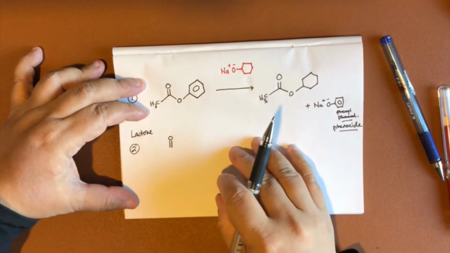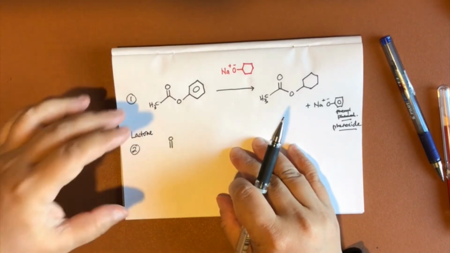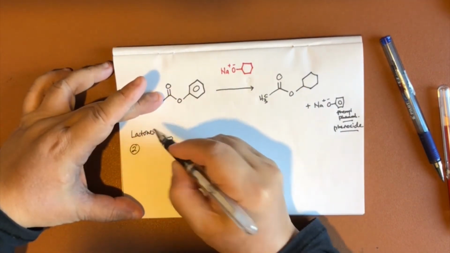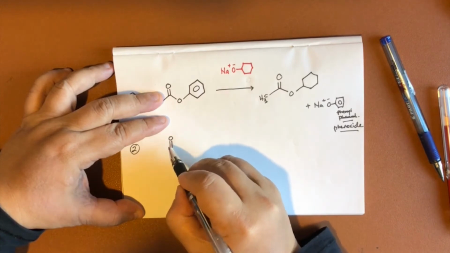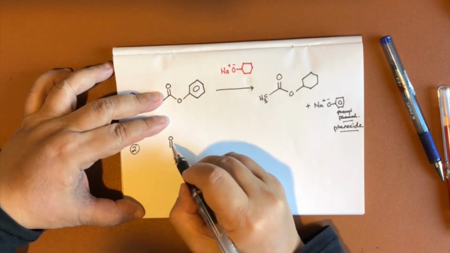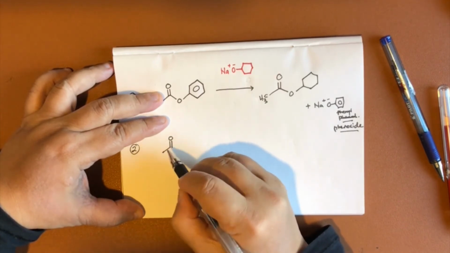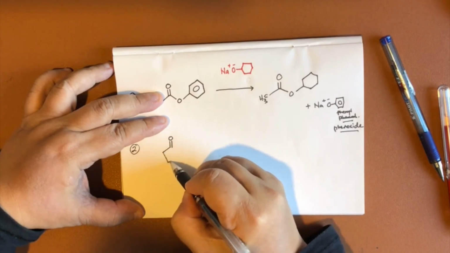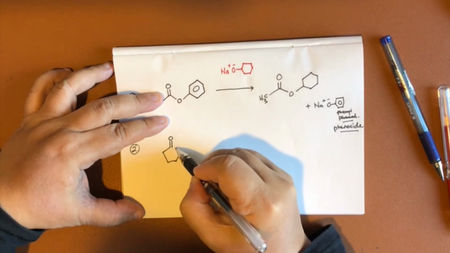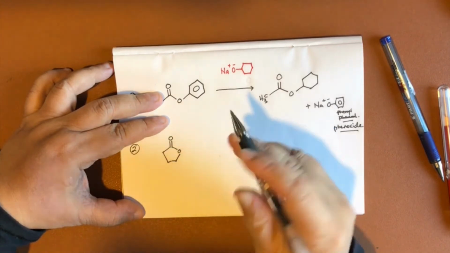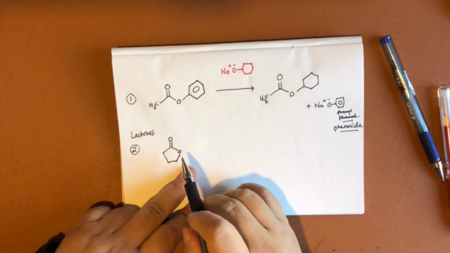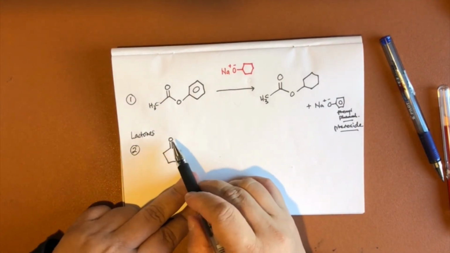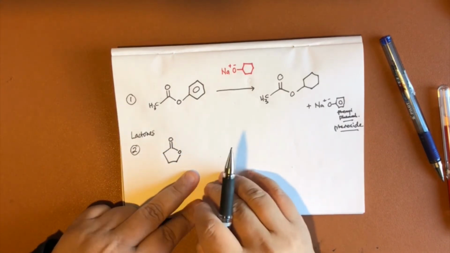Lactones are cyclized esters, and then here you have this beta-lactone. Can I just draw this? Oxygen. Okay, so now the oxygen of the lactone is in black.